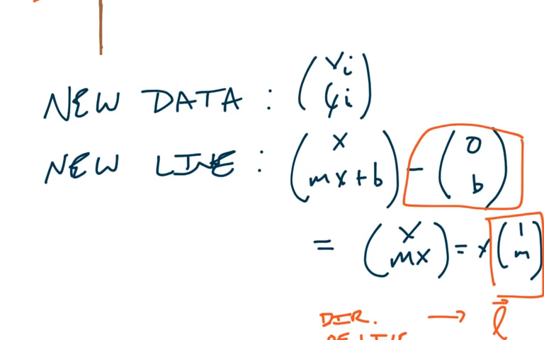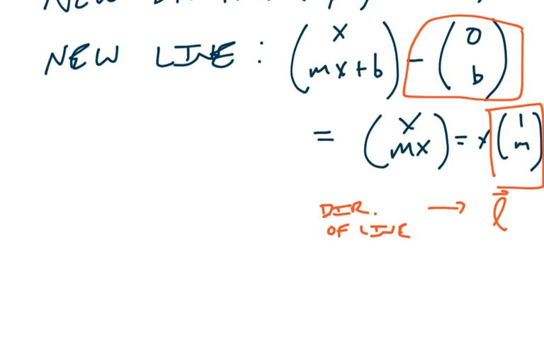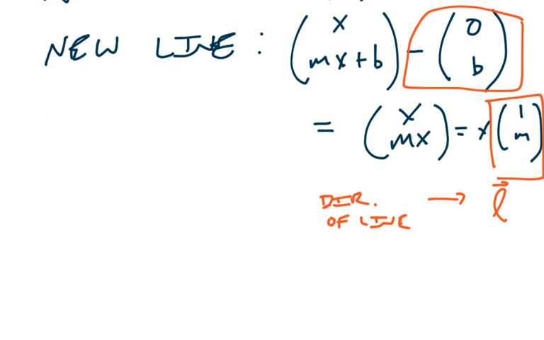Right, this is the old data set. The new data set, we're just going to shift everything accordingly. Let's just subtract (0, b) from that. And this will be our new data set. So our new data is going to look like xi in the x component, yi minus b in the y component. And our new line is going to look like x times this l vector, which is the direction of our line.